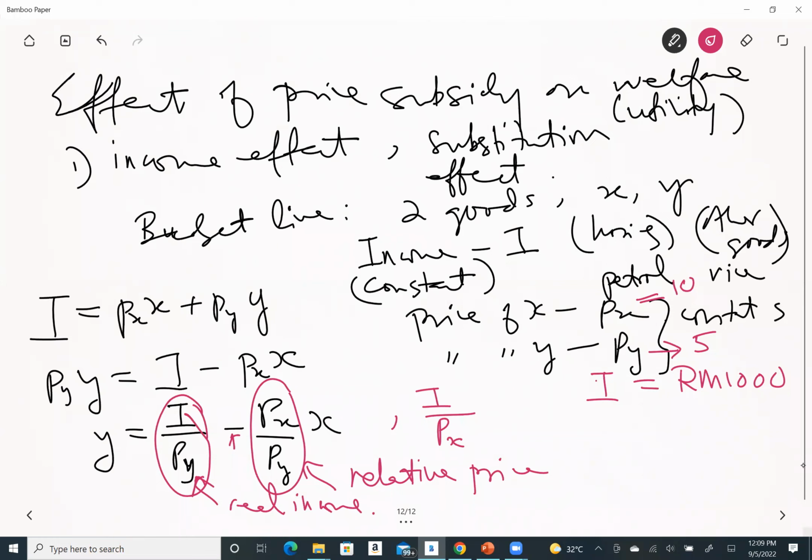Now, real income here, I over PY equal to 200. This is not in RM. RM was 1,000. If I divide by the price, I got 200. So what does it mean? 200 of what? Imagine Y is rice. I divide 1,000, which is my income, by the price of Y, which is 5, and I got 200.